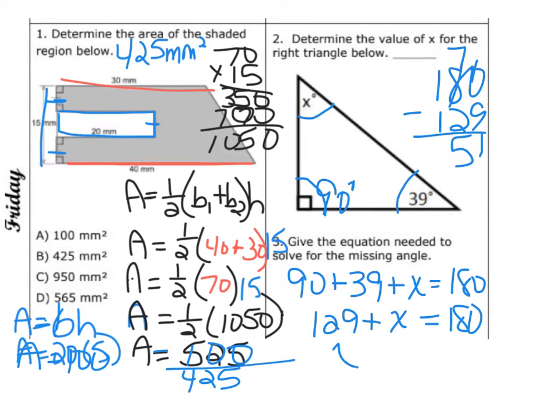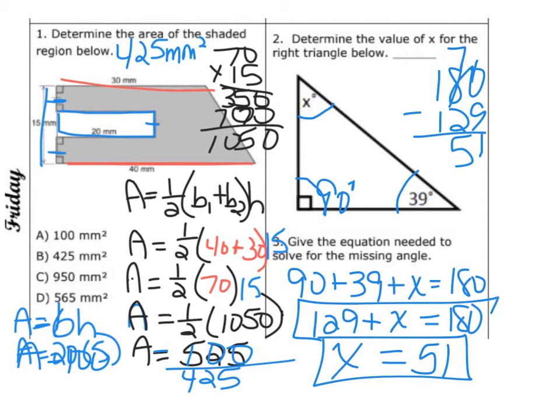So x is equal to 51. And if you notice, I did an equation down here. And wouldn't I just have to subtract 129 from both sides, and that gives me the value of x? When we were solving equations, didn't we do that? Okay. So then basically, when you're given an equation, it's actually doing what we did here. Any questions on that one?